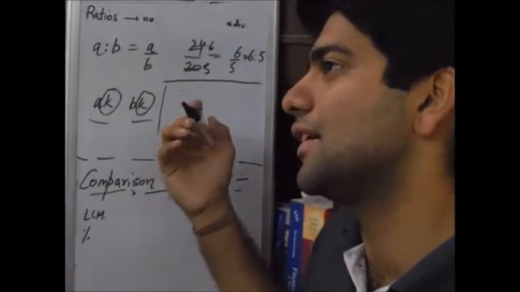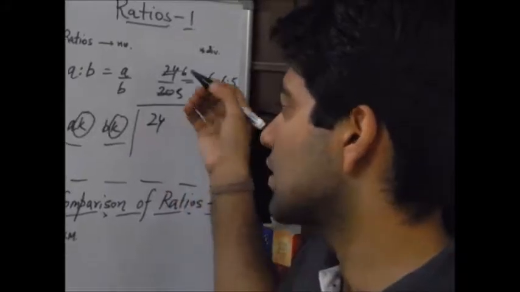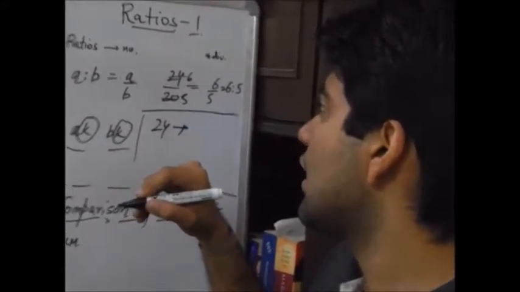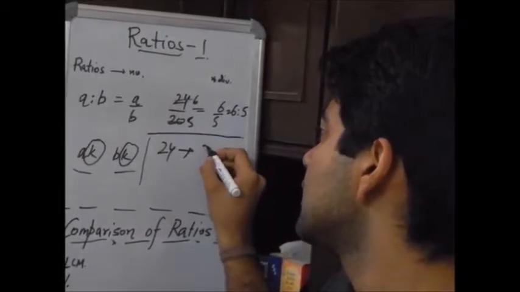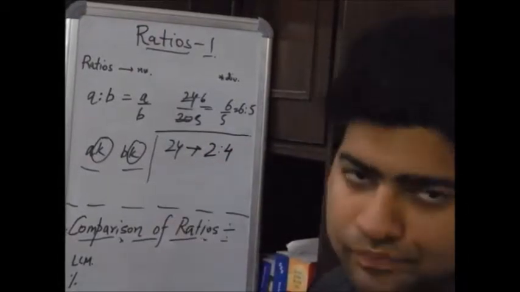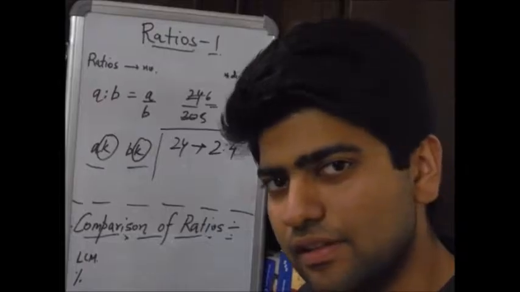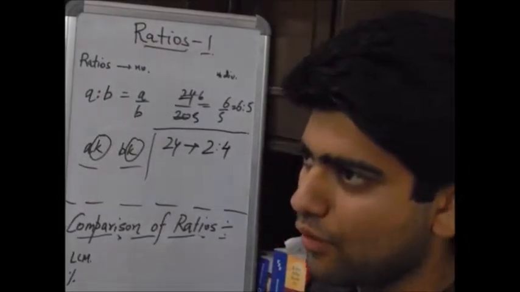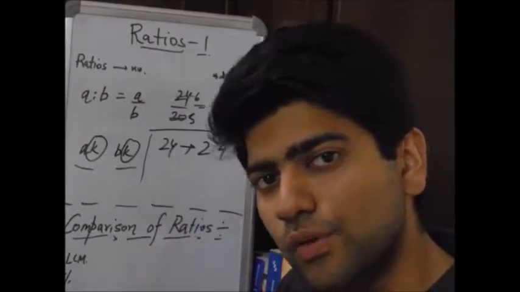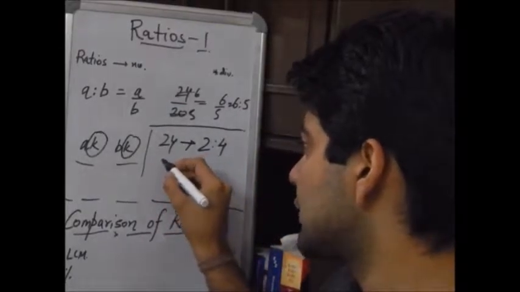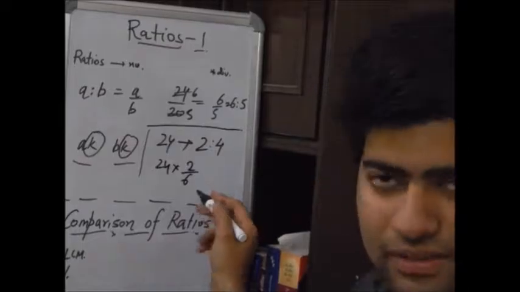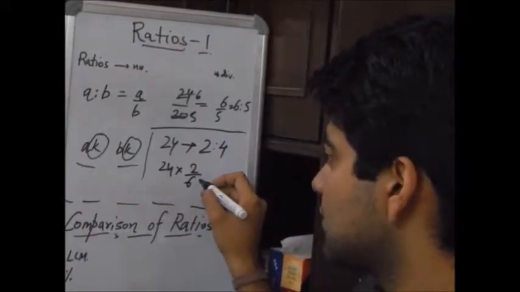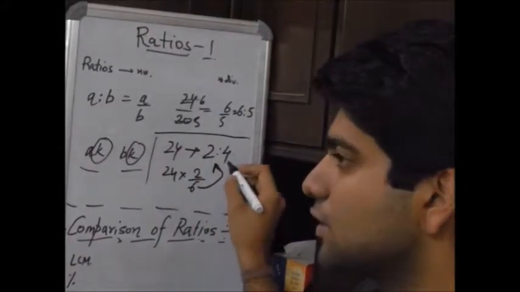Let's take a number like 24, and say I have divided these in the ratio 2:4. If I want to find out how much I have given to one person, I would say 24 into 2 by 6. Where does this 6 come from? 6 comes from this 2 plus 4.